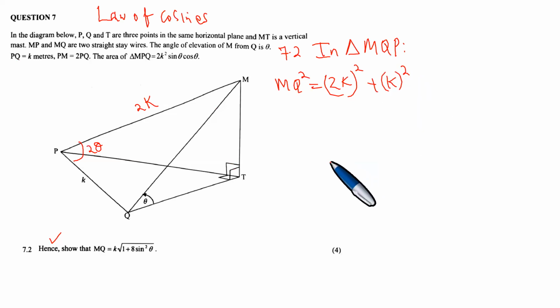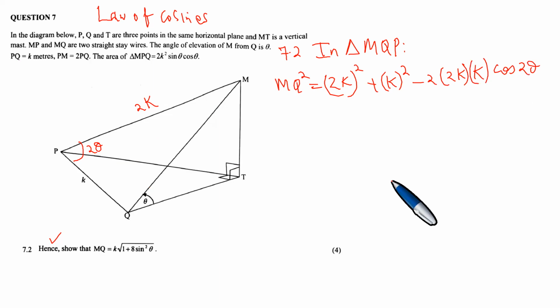And now we subtract 2 times twice k times k times the cosine of the included angle, which is 2 theta. So we have that first step there. We're not going to cover a lot of steps here. We're going to do it in the least number of steps.